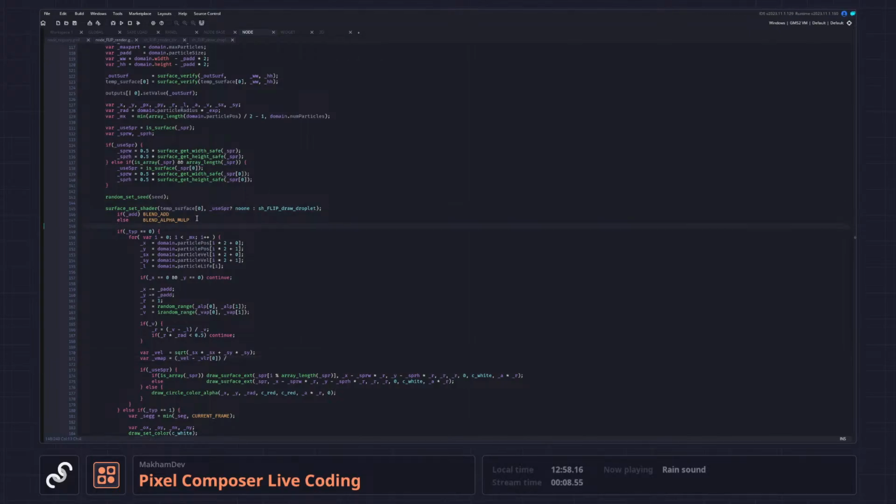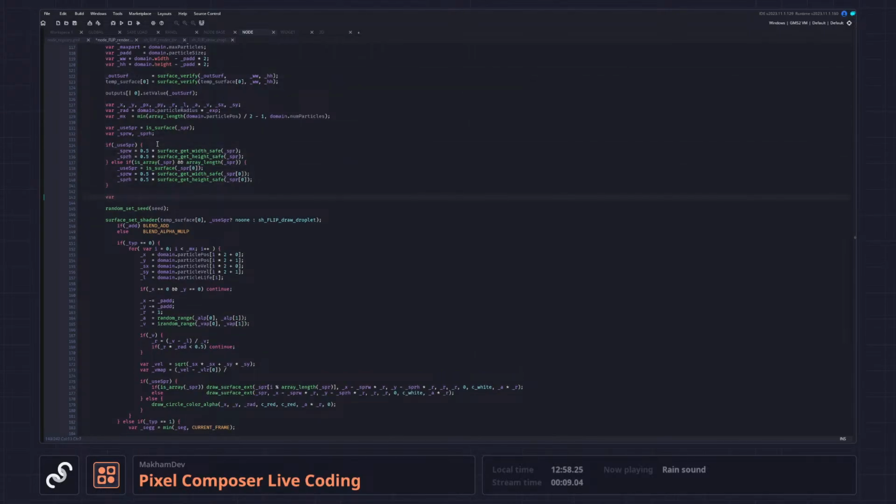Let's just pre-calculate that. Where should it be? Use it right here. V map range equals VLR 1 minus VLR 0.